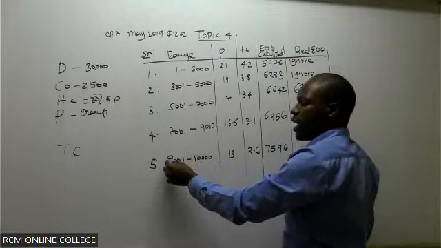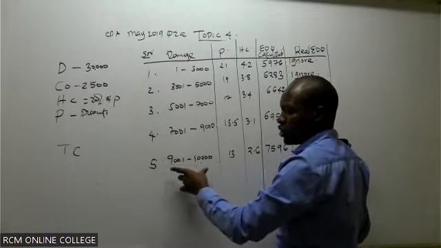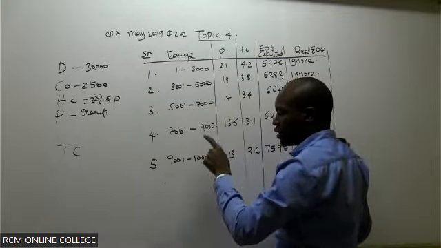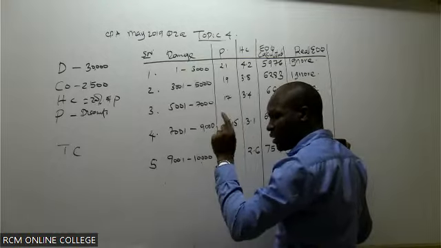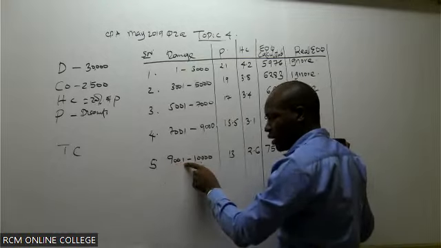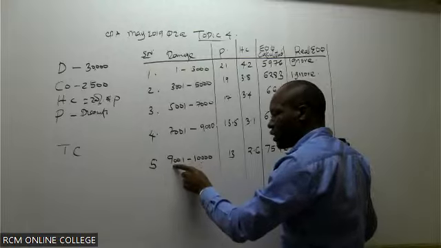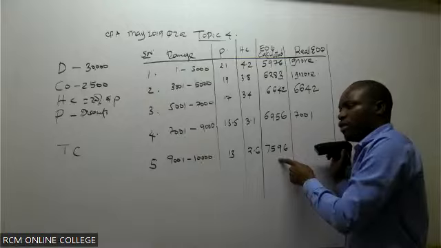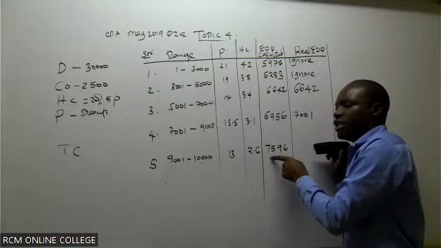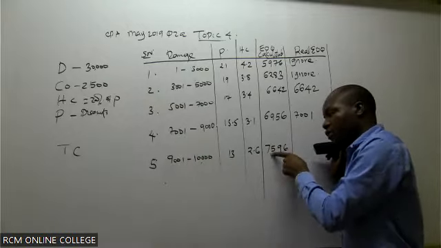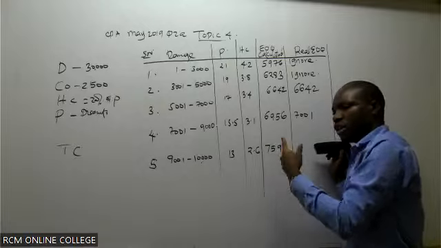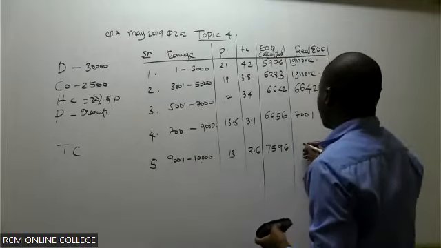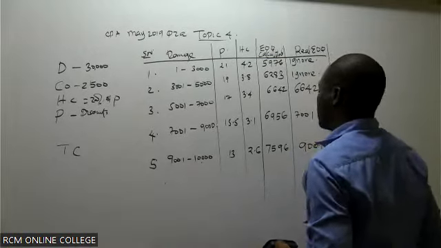It is below this 9,001, below this range. But for me to be able to purchase these goods at 13 shillings, I must order at least 9,001. And because 9,001 is above my calculated economic order quantity, if I order this, I've not violated this rule. You take a minimum of this or above this. So what am I going to do? I pick the lowest in this range, which is 9,001.